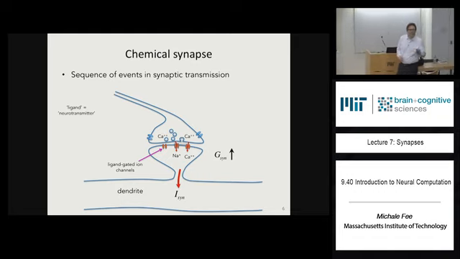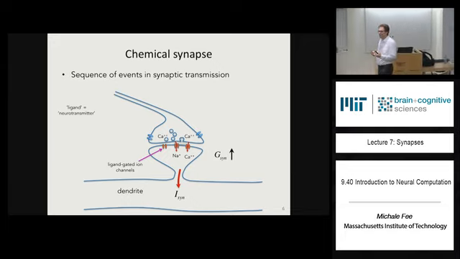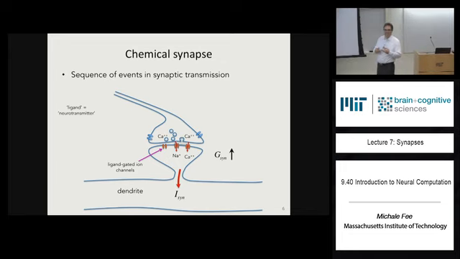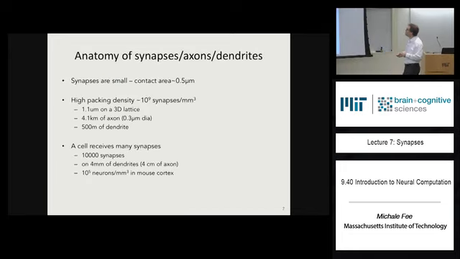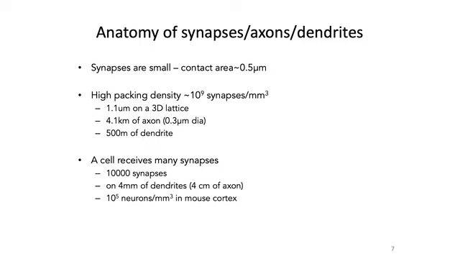Okay, let's talk about some of the interesting numbers, like how many synapses there are, how many cells, how many dendrites in a little piece of neural tissue. It's pretty staggering, actually. The synapses are small, but what's really amazing is that in a cubic millimeter of cortical tissue, there are 1 billion synapses.